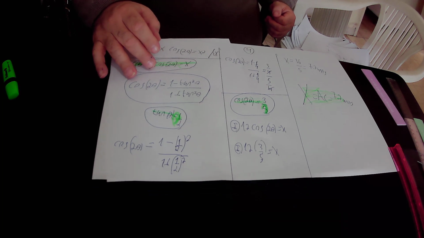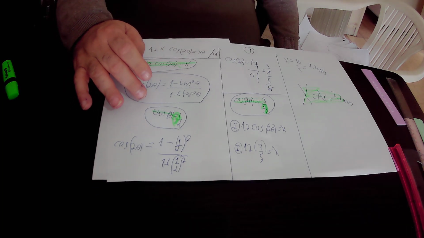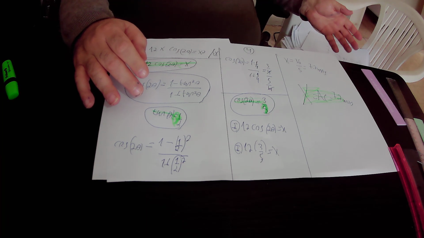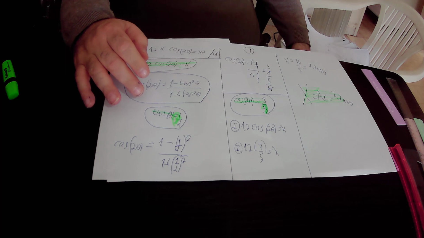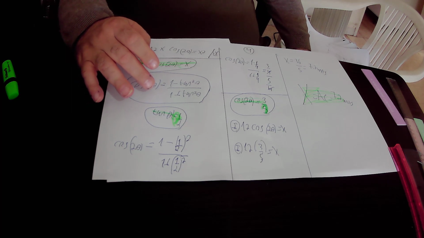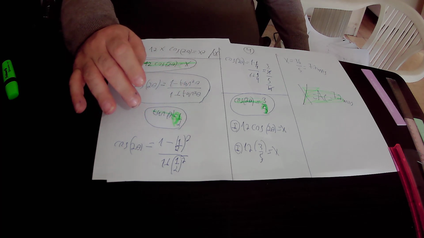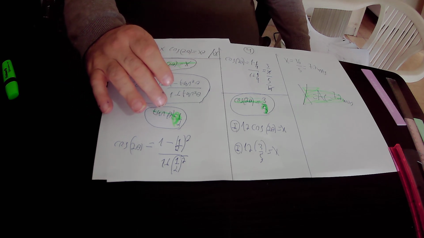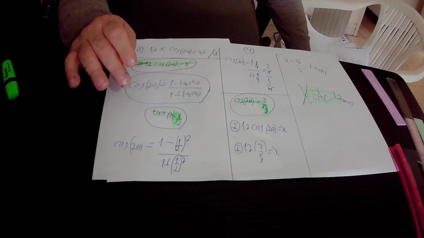We did it, and if tangent theta equals 1/2, then tangent squared theta equals 1/2 squared, both in the numerator and the denominator.